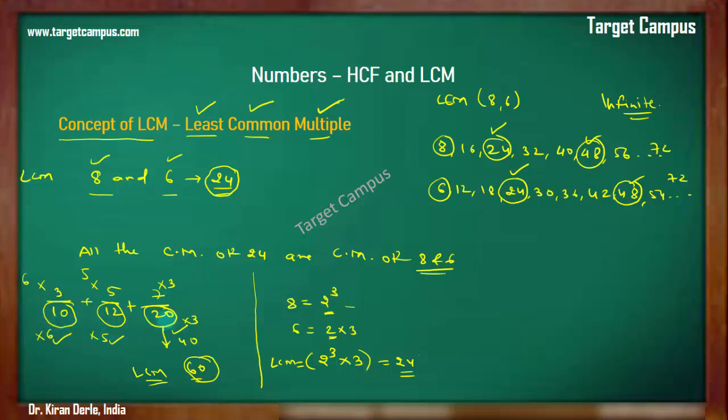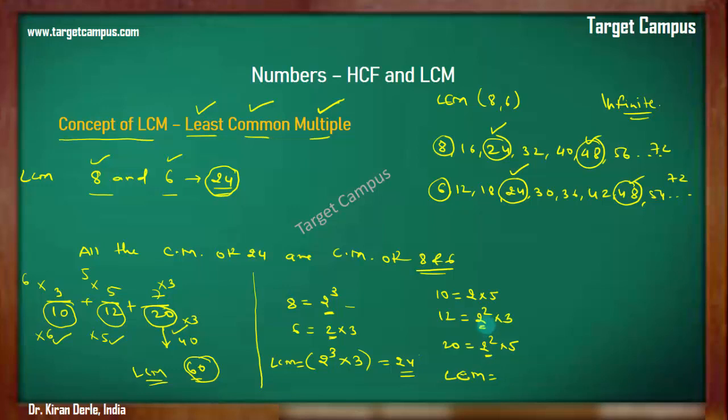Now take the LCM of this using this method only. So 10 can be written as 2 into 5, right? 12 can be written as 2 square into 3, right? That is 4 into 3 is 12. Then 20 can be written as 2 square into 5. So what will be the LCM?